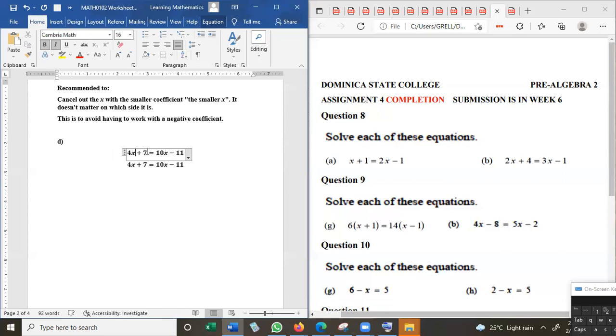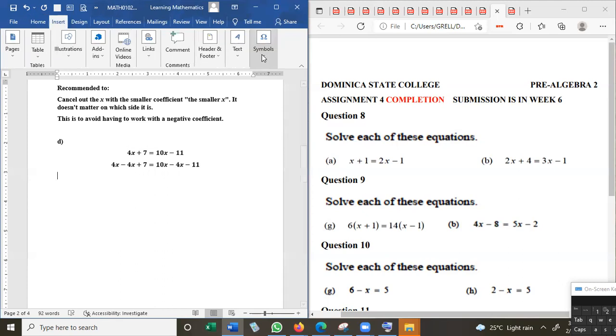So we have 4x plus 7 is equal to 10x minus 11. So 4x minus 4x, a big 10 minus a little 4 will give us a nice positive 6. It doesn't matter even though it's on the right side.